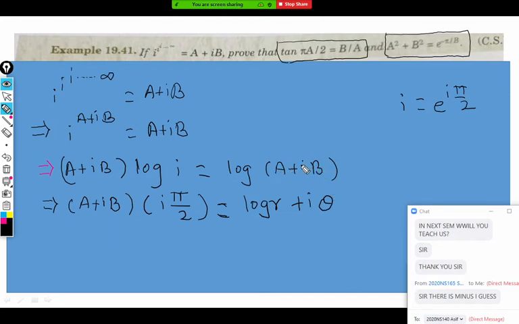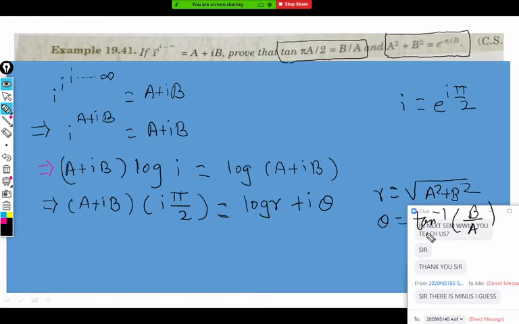Whenever a and b are known to us, they are particular numbers, and we write the values of r and theta directly. But in this case, a and b are general, so we write in general where r is root of a square plus b square, and theta is tan inverse of b upon a.